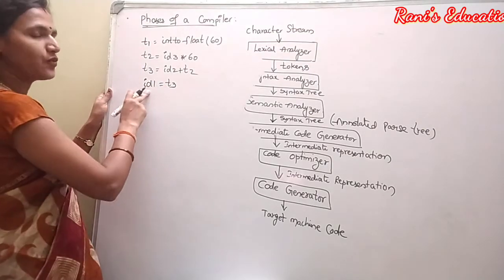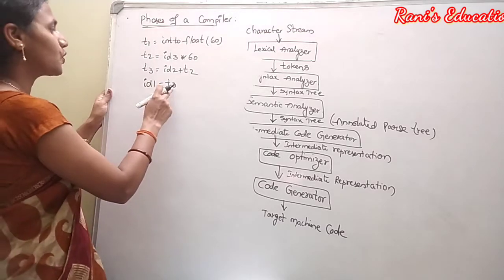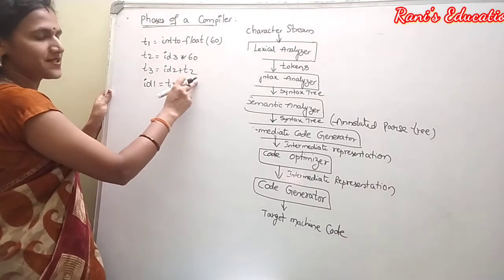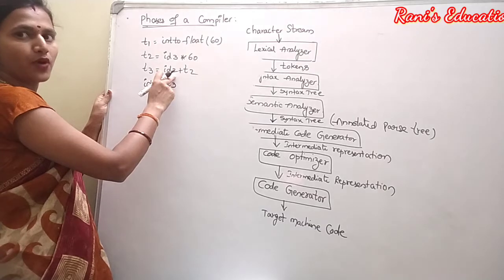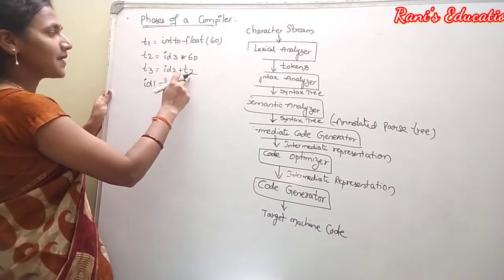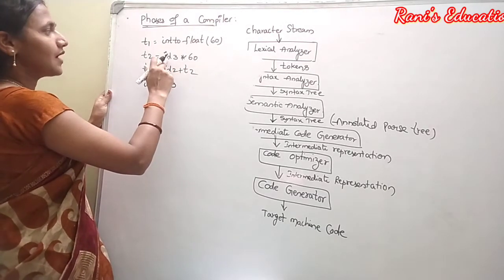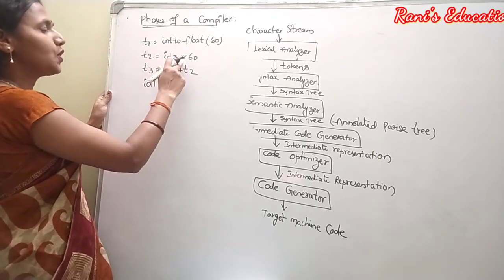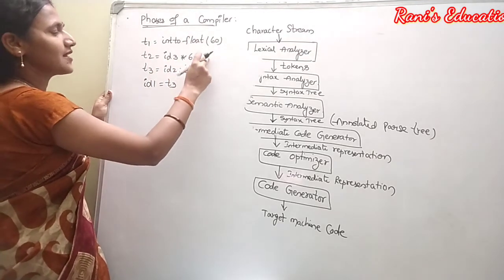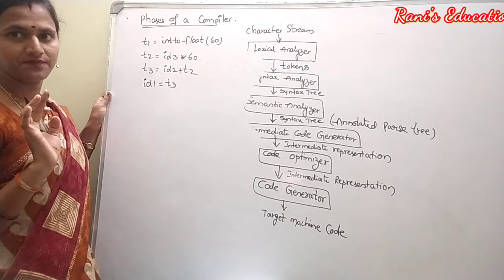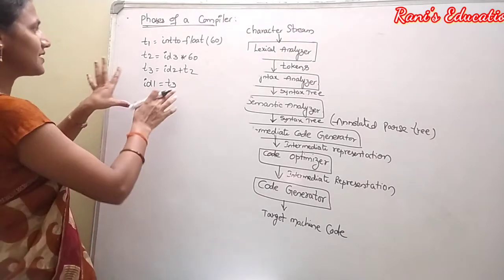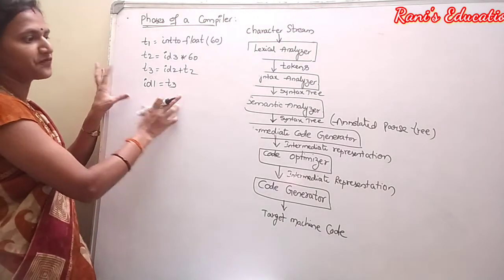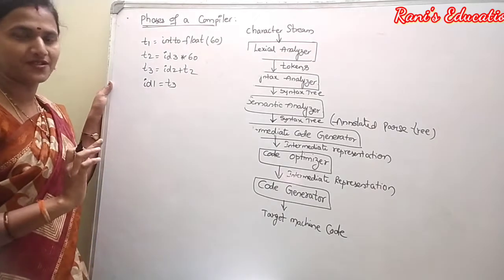That is, ID1 is nothing but position. T3 is nothing but ID2 plus T2. ID2 is nothing but initial, plus T2. ID3 is rate into 60. Here we are going to consider the 60 as floating point. Clear? So this is the intermediate representation for the intermediate code generator phase.